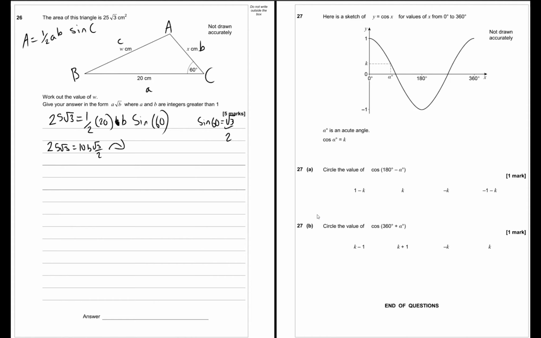Simplify that, we're going to get 25 times 2, because we're going to bring this 2 up. What have I missed? I've missed the root 3, haven't I? 25 root 3 times by 2 all over 10 root 3, and that's equal to b.